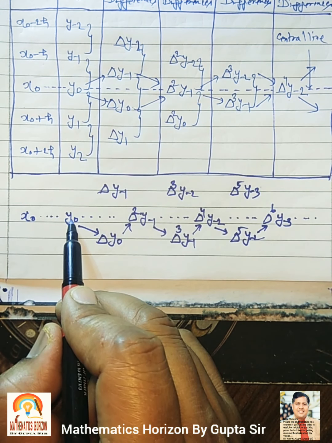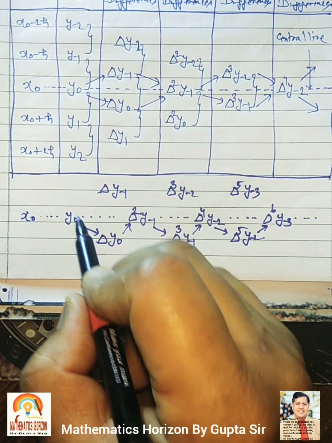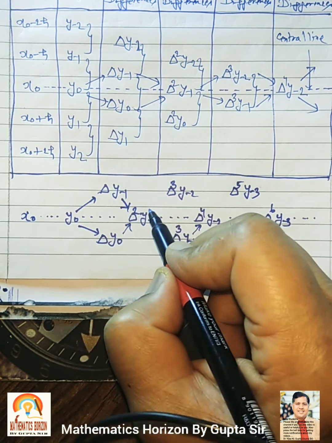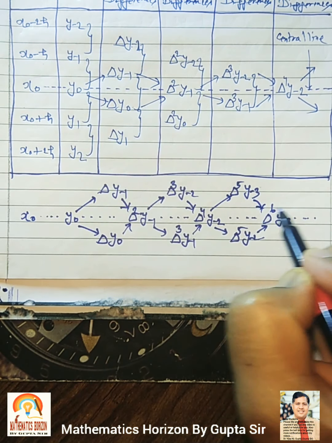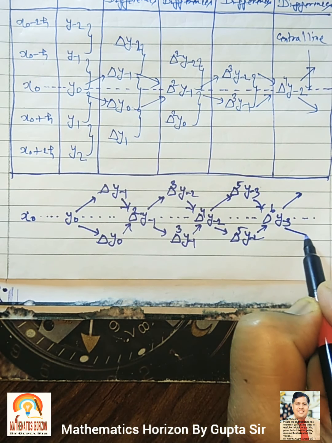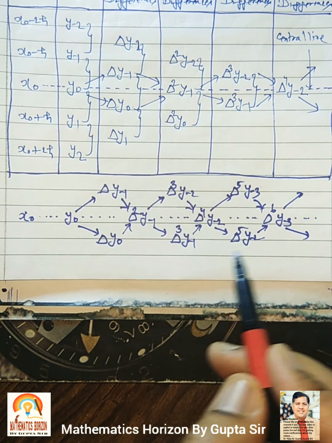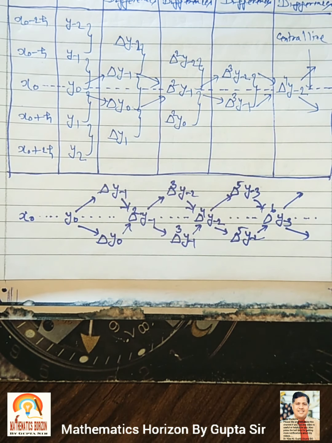In Gauss forward we use these differences only, and in Gauss backward we use differences above this central line. And in central we use all differences.